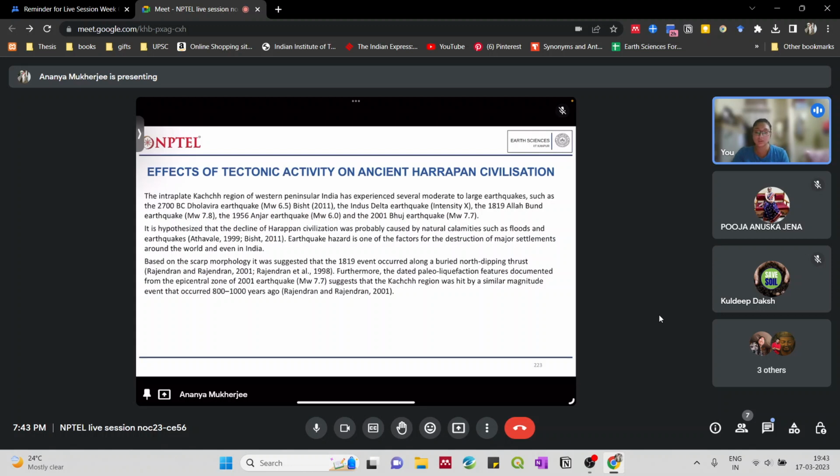One of the oldest, or you can say the ancient, earthquakes happened around 2700 BC, that is the Dholavira earthquake. Dholavira is part of the Harappan civilization. With studies they found that the Dholavira earthquake had a magnitude of around 6.5 in 2700 BC.